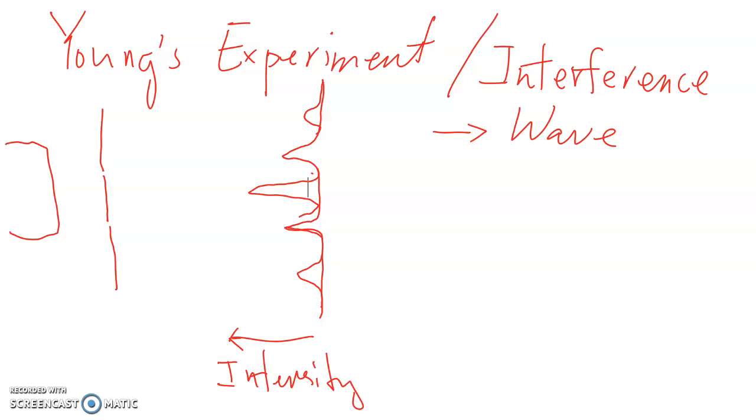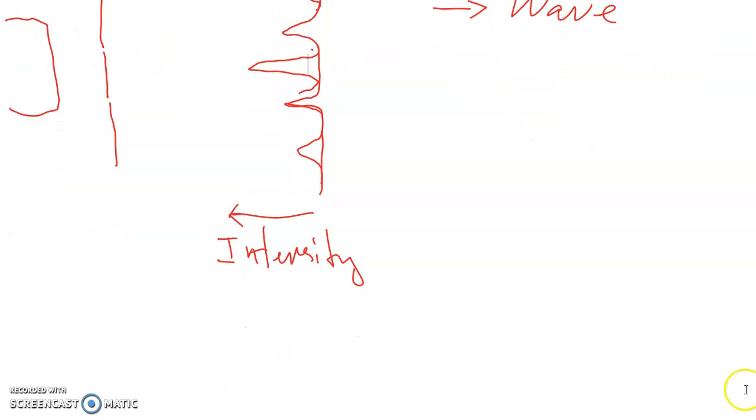Now, how do we know that those are particles? Sometimes you hear people saying light is a particle, electron is a particle, because particles have something called momentum.